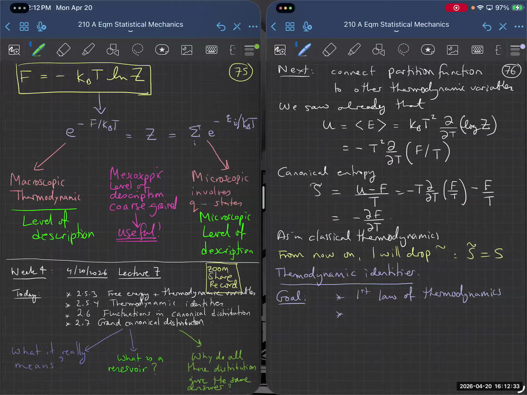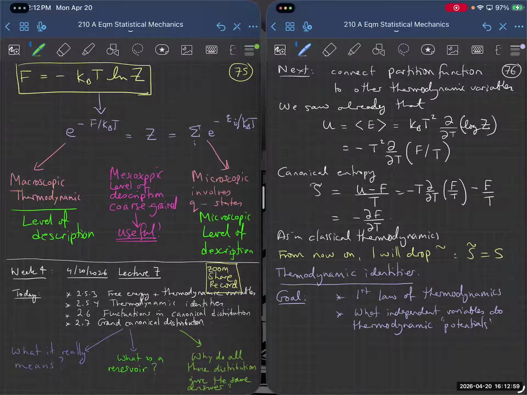So the question we're going to answer is what independent variables do thermodynamic functions, which we call potentials, depend on? I'll put that word in quotes.